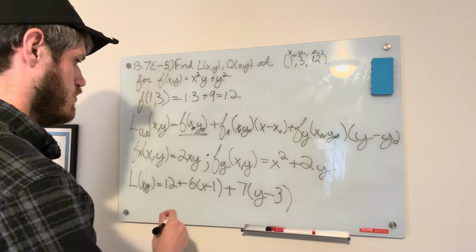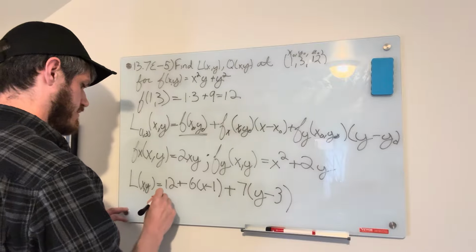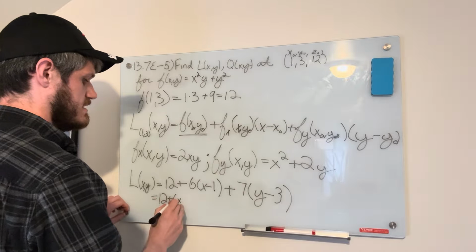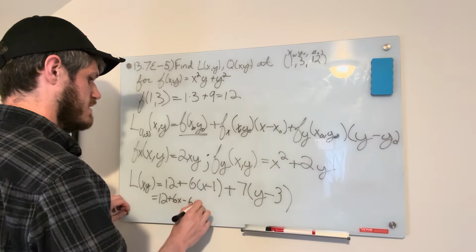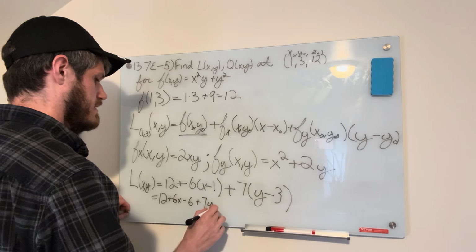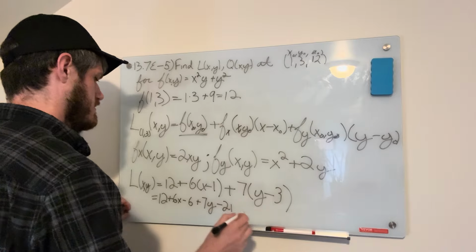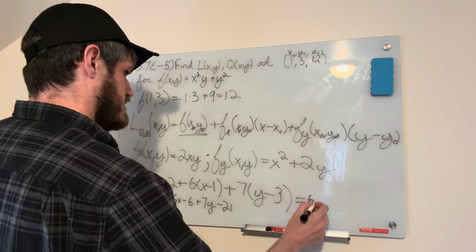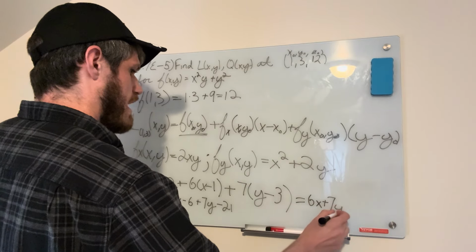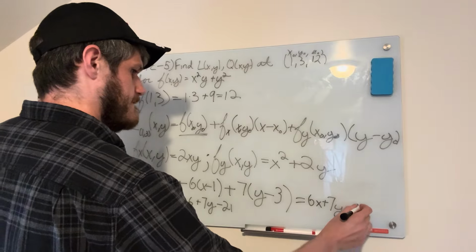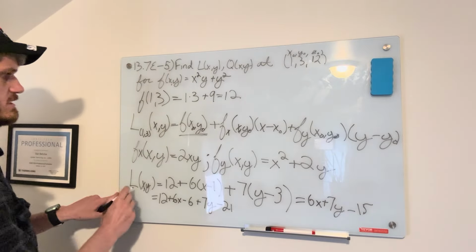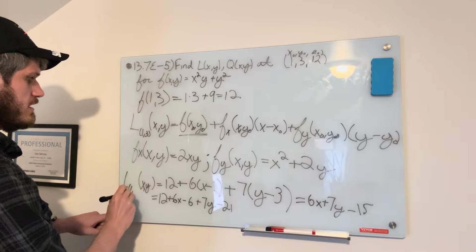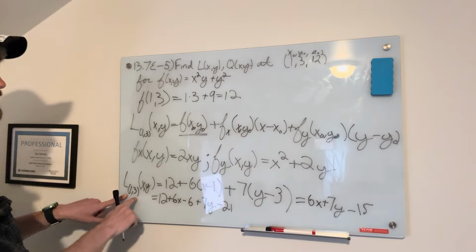And then we can simplify this a little bit. It's easy enough. So it ends up being 12 plus 6x minus 6 plus 7y minus 21, which I believe ends up being equal to 6x plus 7y minus 15, which is your first order Taylor polynomial approximation at the point 1, 3.